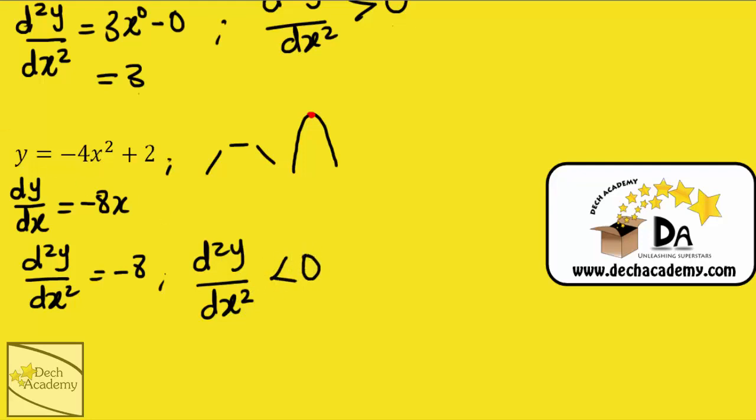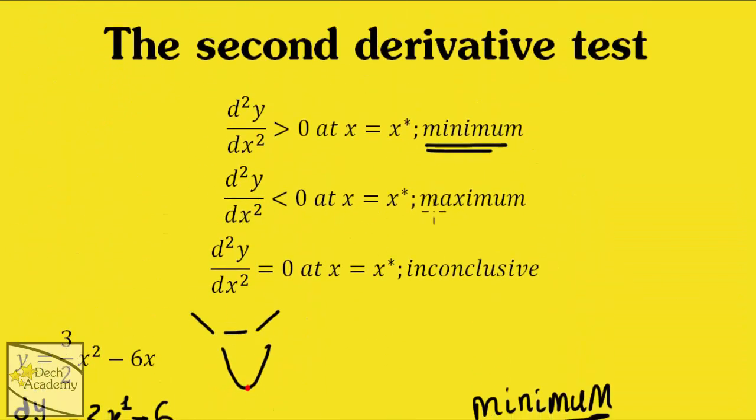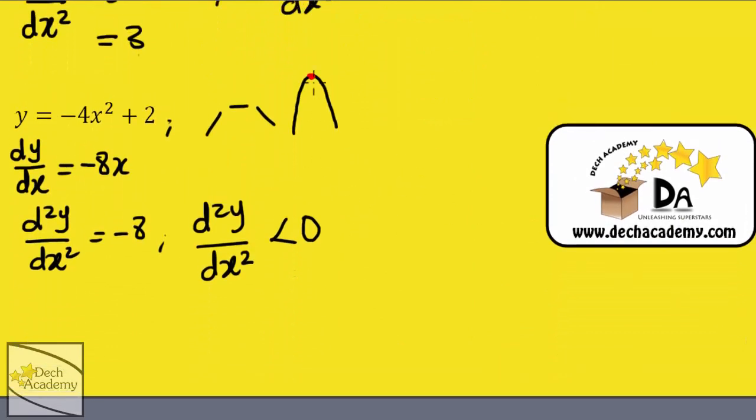And you know that when the second derivative is less than 0, the stationary point of the function is a maximum, which agrees with what we obtained from the sign test, but we were able to determine this in fewer steps, in much less time. So we have a maximum. So what this means is the stationary point of this function is a maximum.